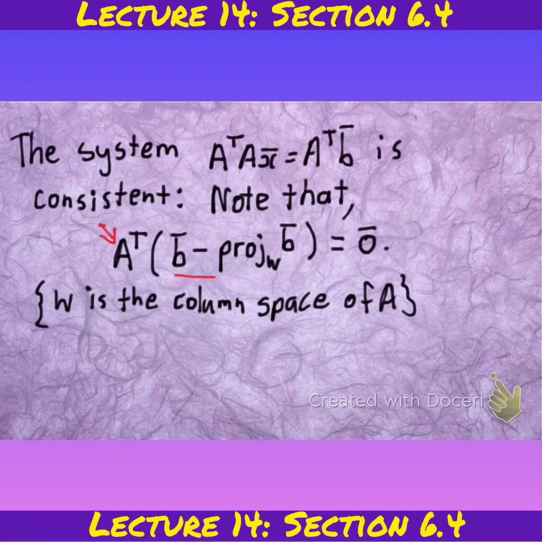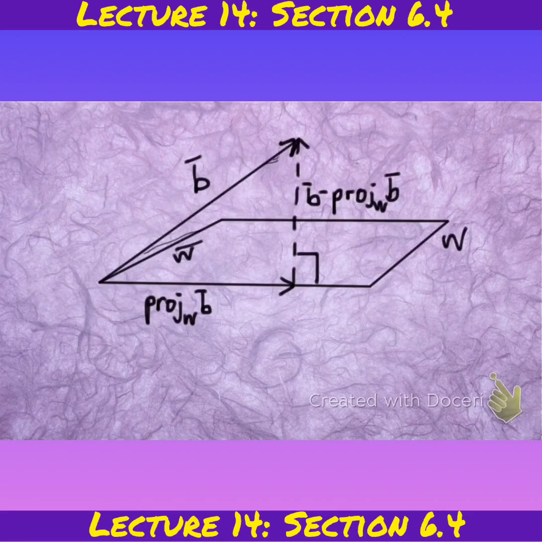Now remember, if you go back to your sketch, there's my sketch. We said this vector is orthogonal to the subspace W. Now the subspace W is formed by the column space of the matrix A, and a certain number of those column vectors are going to be basis vectors.